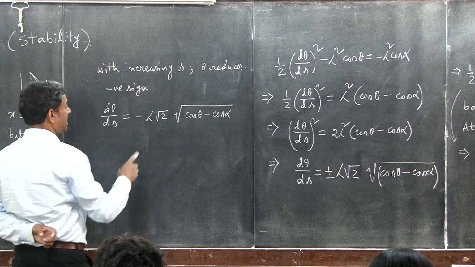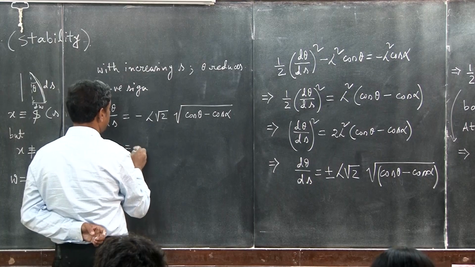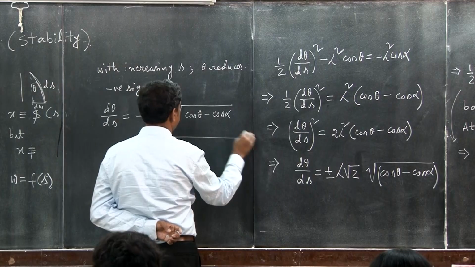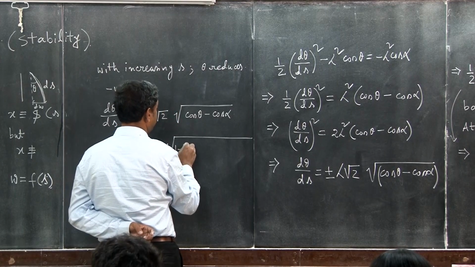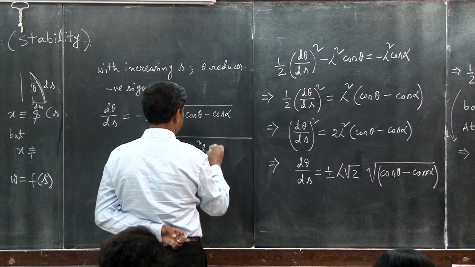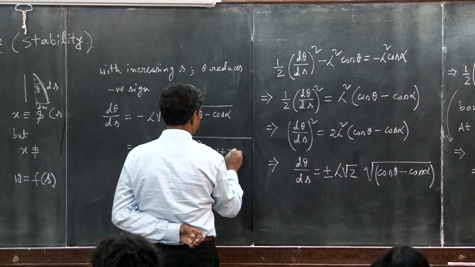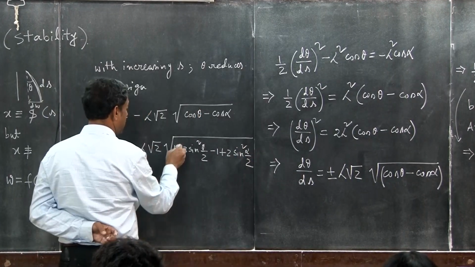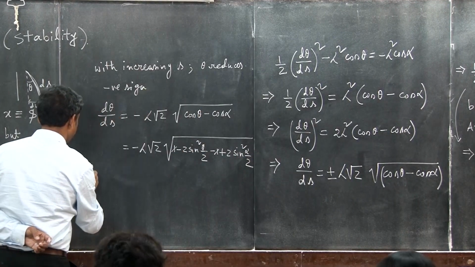Okay. And here if you do a little simplification, minus lambda root 2, so cosine of theta is 1 minus 2 sine square theta by 2, and this is minus 1 plus 2 sine square alpha by 2. Okay, this will cancel out.